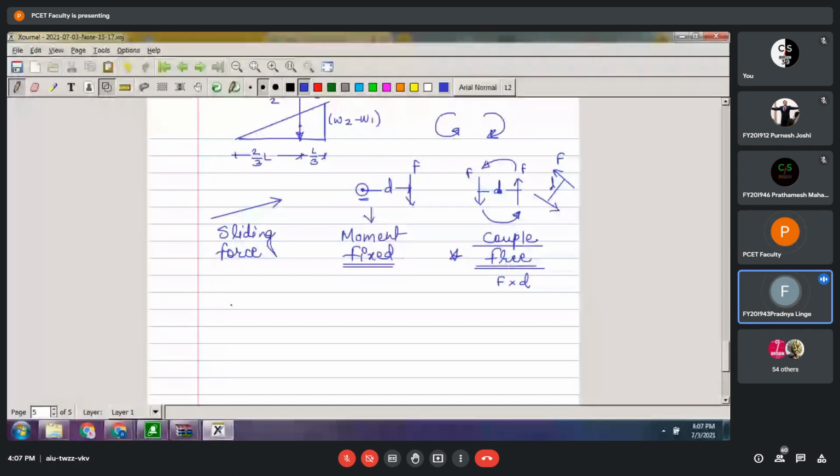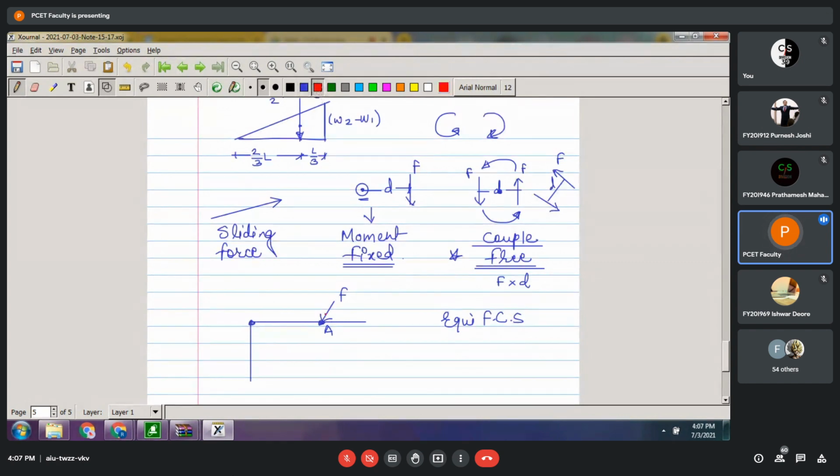If we want to change the location of our parent force from its initial position to any new position, I can use this property of couple, which is known as equivalent force couple system. So in that case, what do I do? First step is take my force as it is, place it at the new position, and take moment of my original force about the new point.